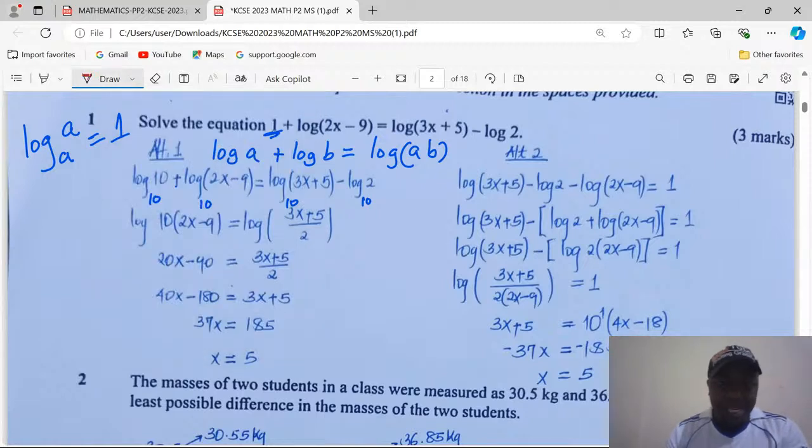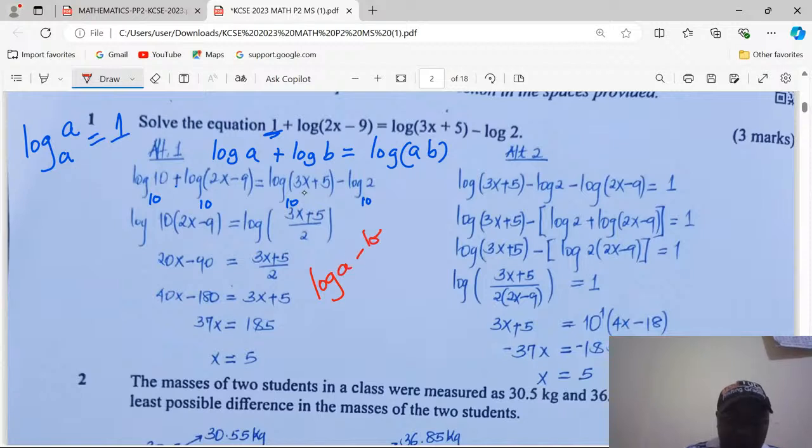In case it's a minus, then the log of A minus the log of B is equal to log A divided by B. We just divide the two numbers.